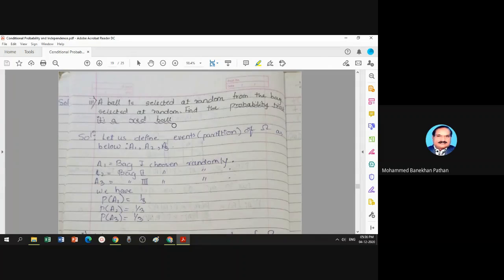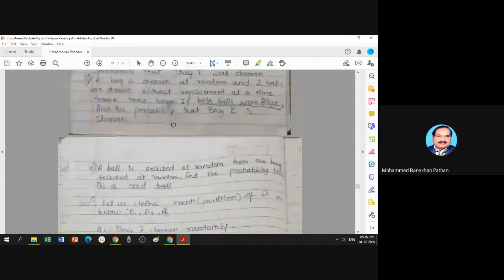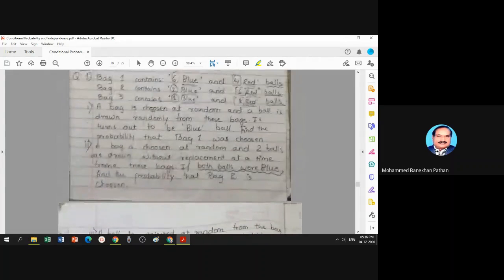So this is not an application of Bayes theorem. You can see bit number 2, bit number 1: a bag is chosen at random, and from that bag, a ball is chosen randomly. And then you have information. What? The selected ball is blue.